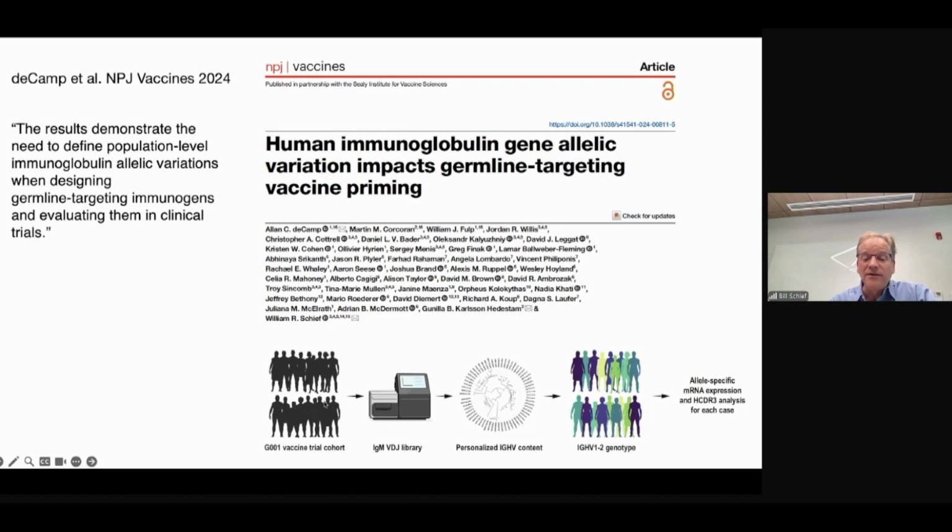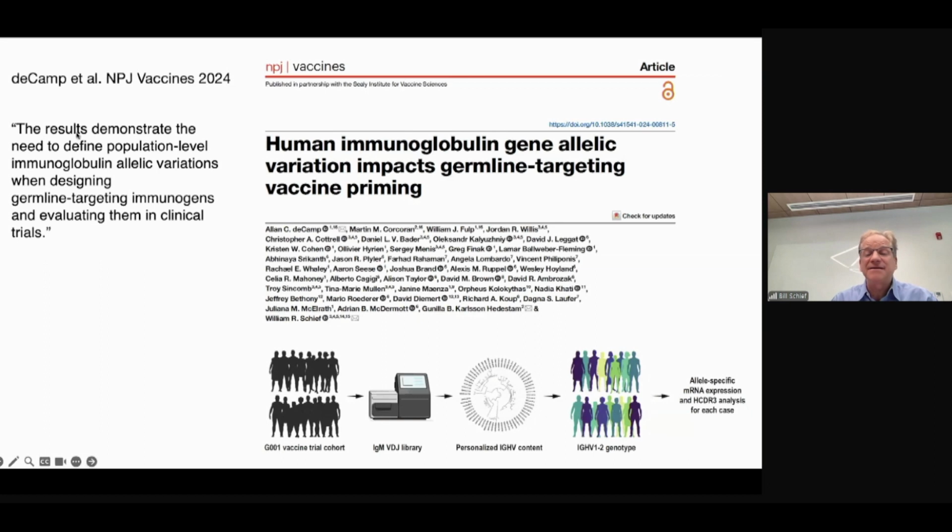Nilla and Martin made IgM libraries from each individual and did personalized IGHV12 genotyping. And then Alan performed a lot of mathematical analyses to help understand how the variation of VH12 genotype from one individual to another actually strongly influenced the magnitude of the VRC01 class response in the clinical trial.